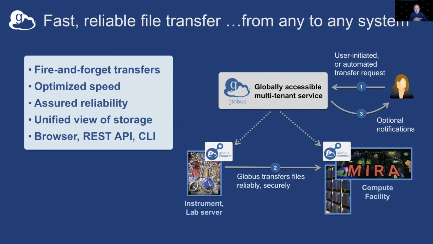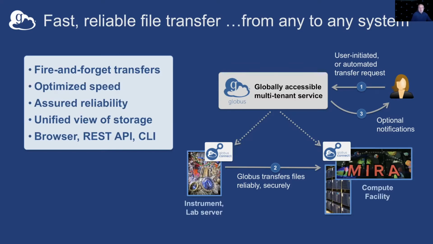We'll talk throughout the afternoon about the different types of systems that Globus connects. The idea here is that I can just go to Globus, find the system I want to transfer from, select the files, click the go button to send it off to the other system, and then I can walk away, and Globus will take over and essentially manage the whole process without me being in the loop.